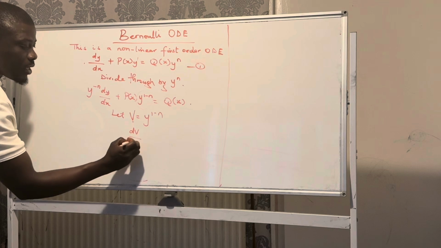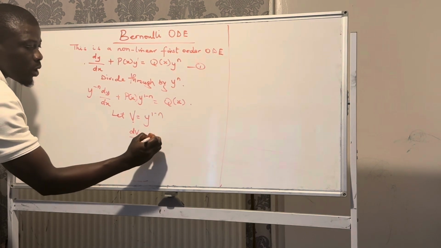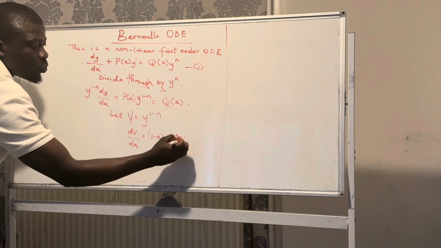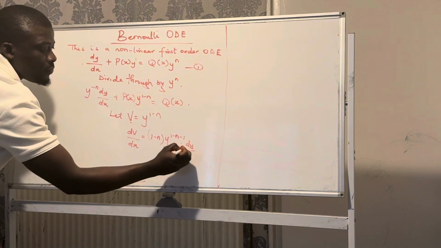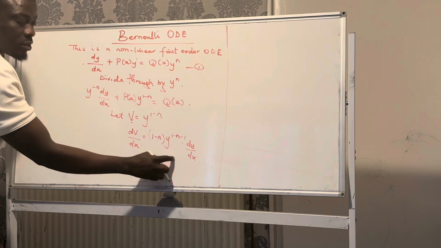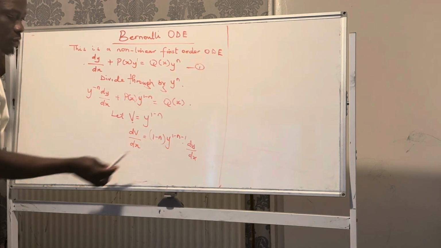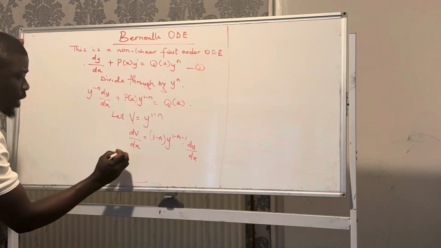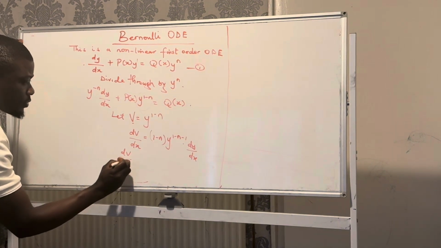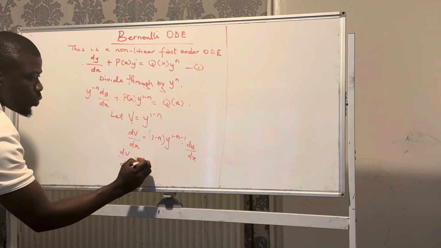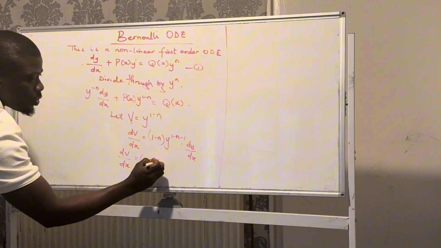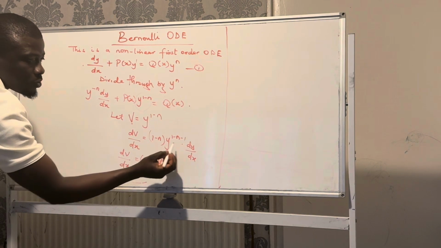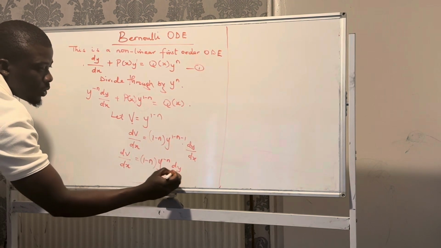So our dv/dx will be equal to (1 minus n) y raised to power (1 minus n minus 1) times dy/dx, because this is an implicit function. At the end of the day, our dv/dx will be equal to (1 minus n) y raised to power minus n, because 1 minus 1 will be 0, so we are left with minus n, times dy/dx.